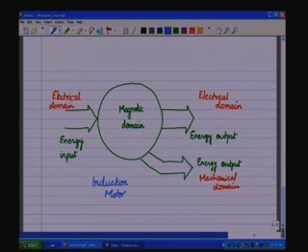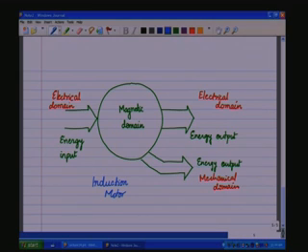The induction motor is like a three-phase transformer, where it takes energy from the electrical domain and then puts it to the mechanical domain. There is also a class of induction motor where part of the energy can also go into the electrical domain, like in a regular three-phase transformer, and part of it can go into the mechanical domain.